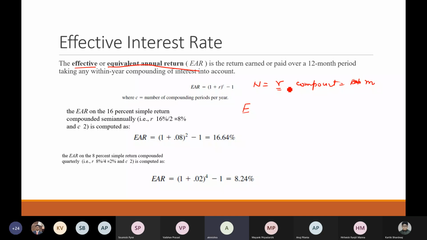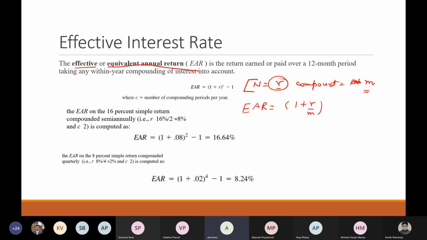So if you are depositing your certain amount at R nominal annual rate, and it is getting compounded m times in a given year, in that case your effective annual rate is going to be 1 plus r by m, because we need to divide it. Otherwise it will assume that within a year your r% is going to be compounded, but that is not the case.